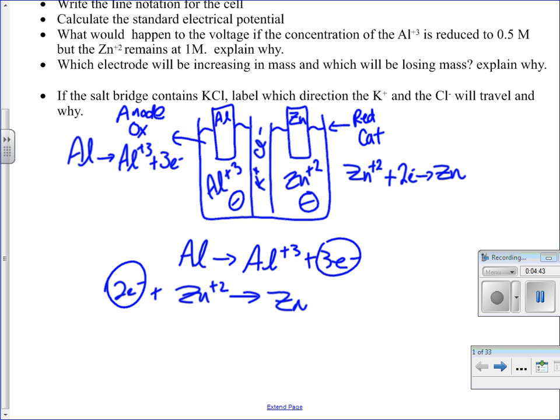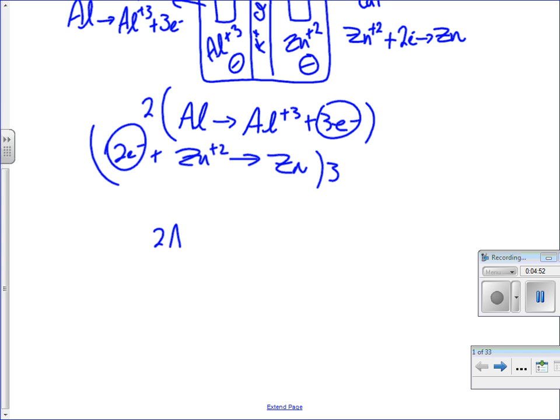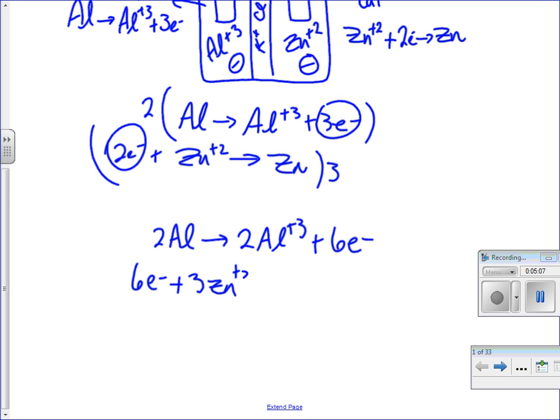So I know I need to multiply this reaction by 2 and this reaction by 3. So when I do that, I get 2 aluminum becoming 2 aluminum ions plus 6 electrons, and then I get 6 electrons plus 3 zinc ions becoming 3 zinc atoms.